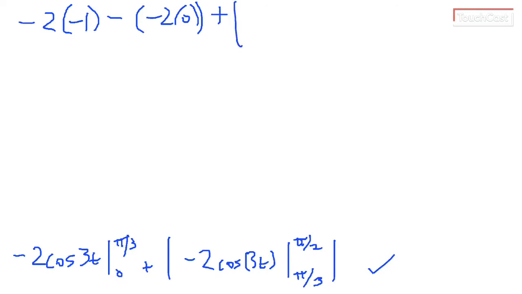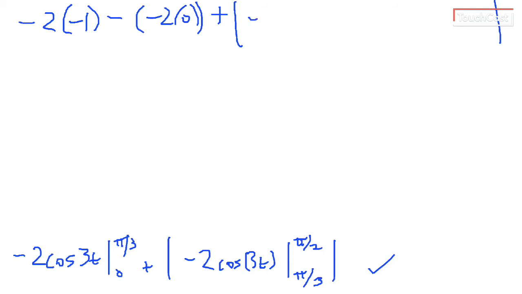plus this next part I'm going to put in big absolute value bars. It's going to be negative 2 times the cosine of pi over 2 times 3, which is 3 pi over 2. The cosine of 3 pi over 2 is 0.